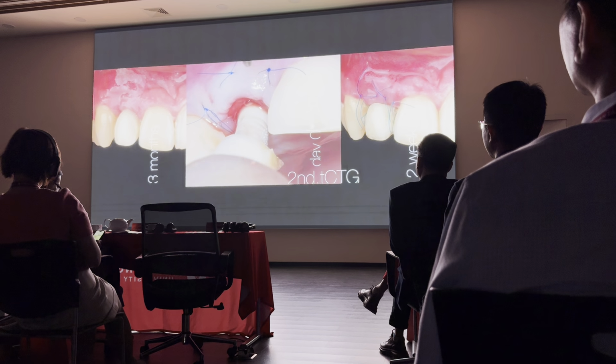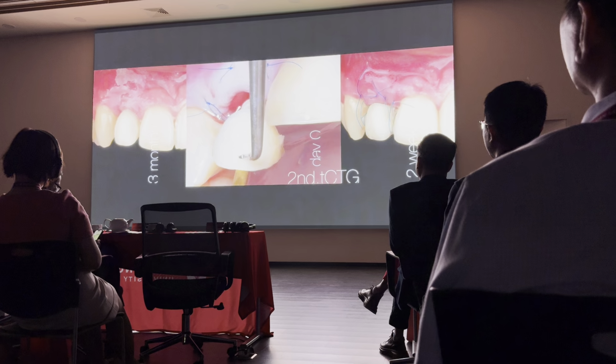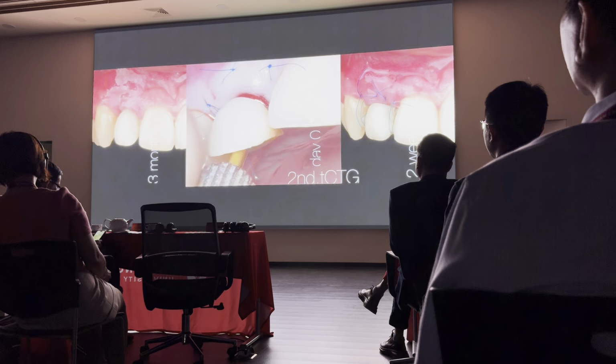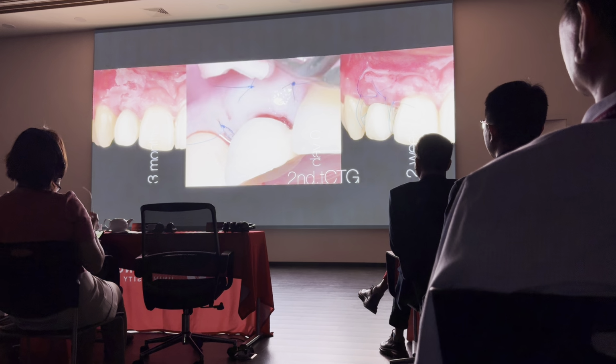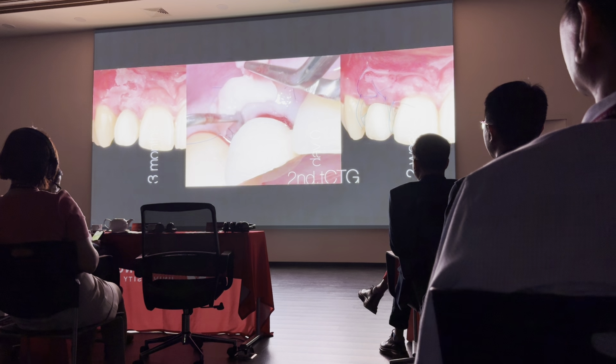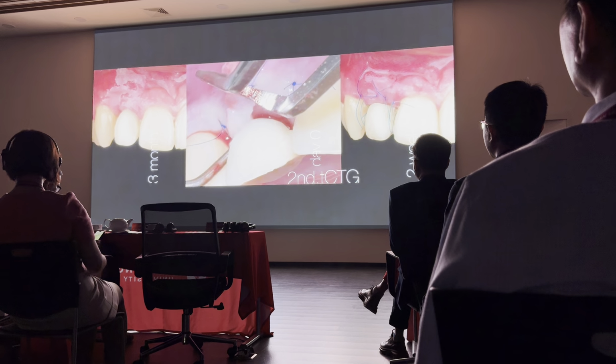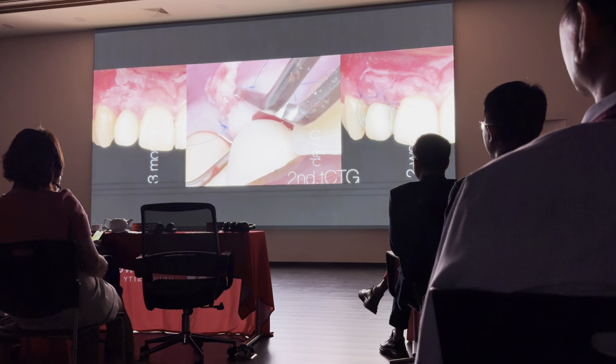You can see how deep the implant is, which is, I don't feel comfortable going directly to the implant head and then injecting my circular connective tissue graft around my implant.